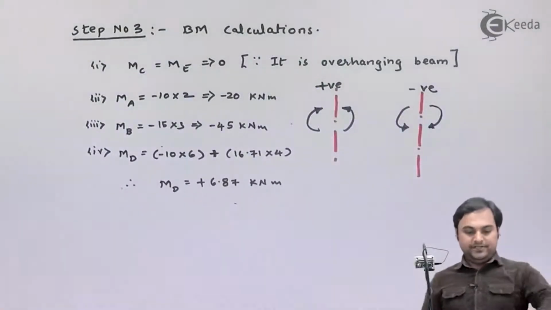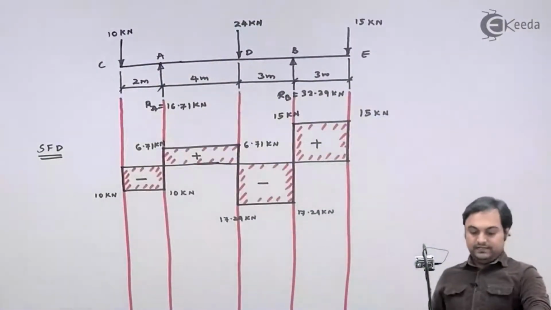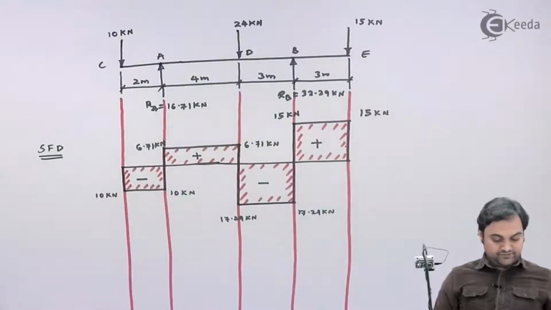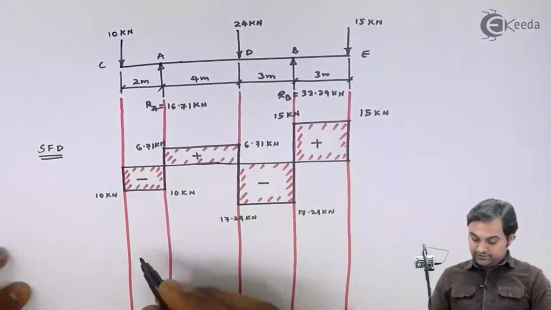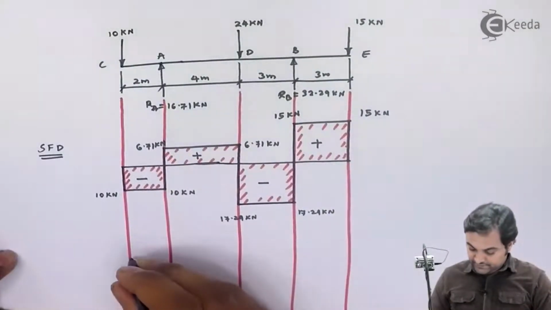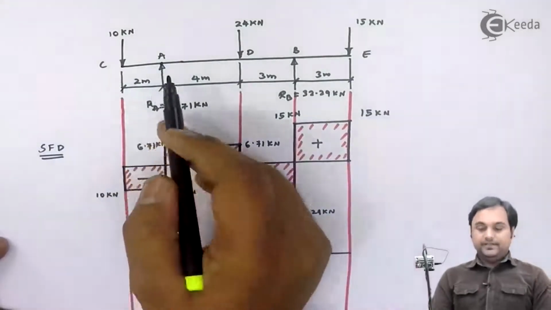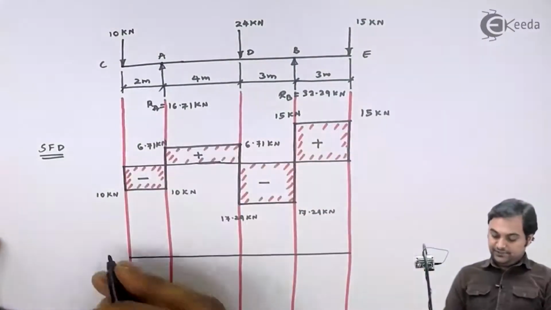With this we can draw the bending moment diagram. At the free end, first of all, here I will be drawing a straight line, because straight line indicates the length of the diagram. Bending moment at C and E, they are 0.